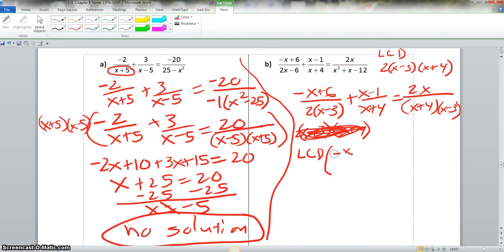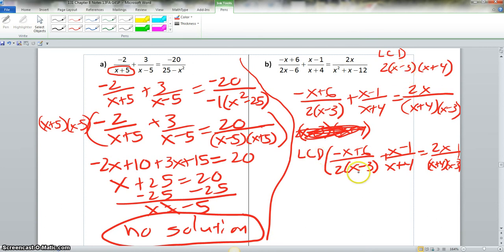And it'll be negative x plus 6 all over 2 times x minus 3, plus x minus 1 over x plus 4, and then equals 2x over x plus 4 and x minus 3. Now we know that's all multiplied by the LCD.